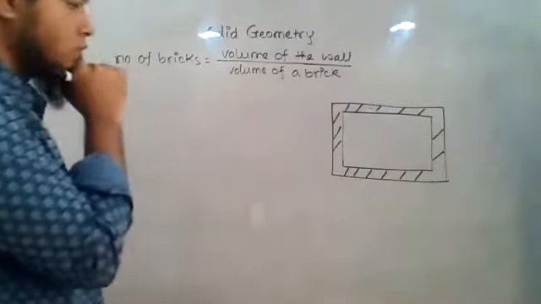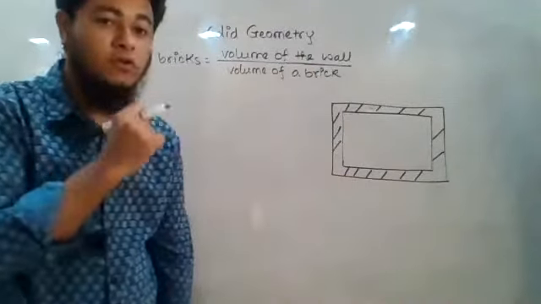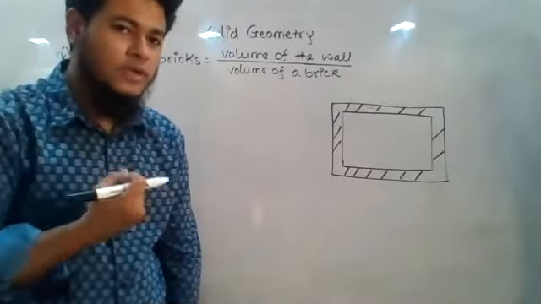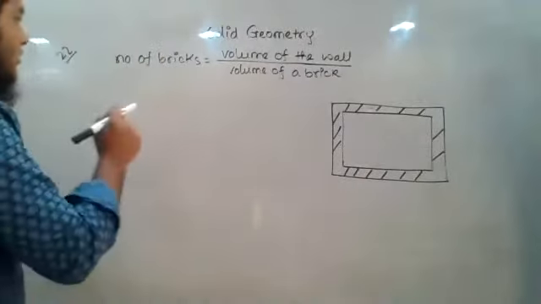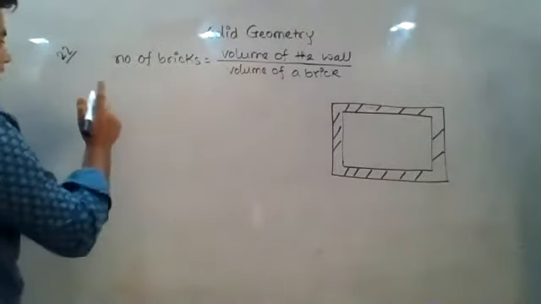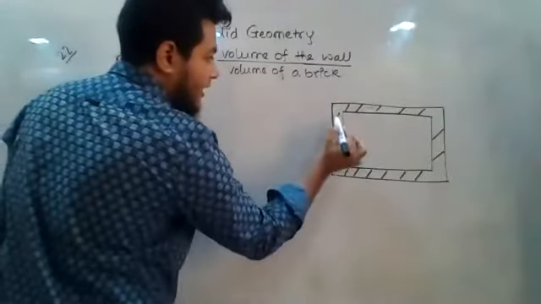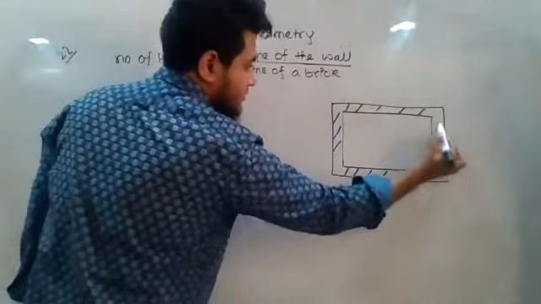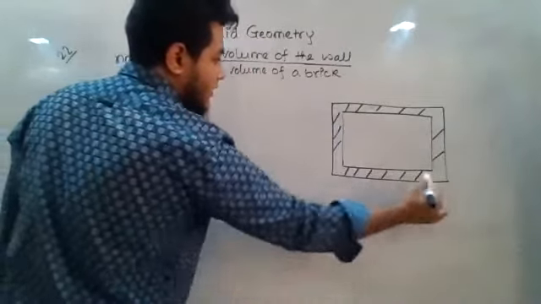So we need to calculate the volume of the wall. How can we calculate it? The first method I want to show you is that you can first calculate the area of this place.